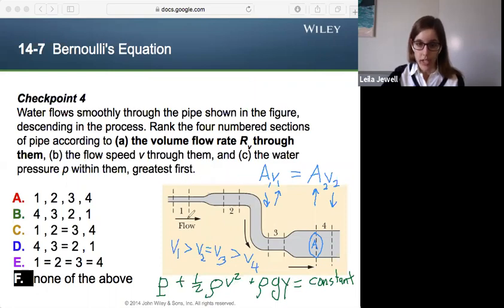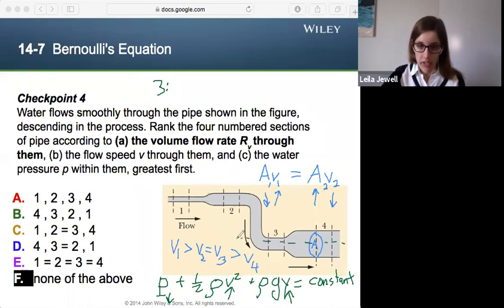So notice with case 1, that is at the highest height and is moving the fastest. So in other words, the velocity is up and the height is up. That means our pressure needs to be super low up there. 2, the velocity isn't quite as fast, so the pressure can be a little bit larger. 3 is the same speed as 2, but now it's lower. So for case 3, we're seeing that the y is now smaller, so we could call even the y 0 if we wanted to.